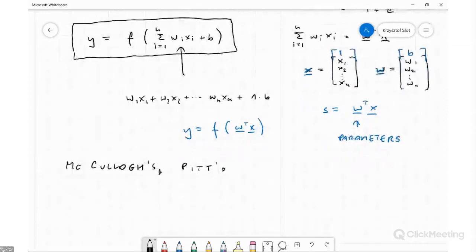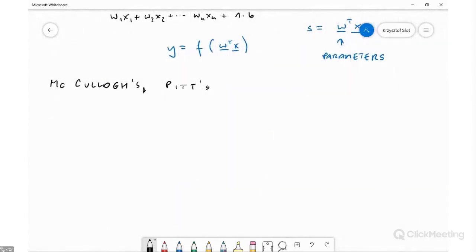What is really interesting from the point of view of a neuron's operation, and what should we conclude so far from what I have just presented? For example, assume that my neuron has two different inputs, x1 and x2.